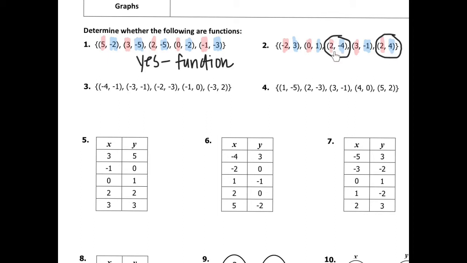Because this repeats in my coordinate pairs, I can easily see that the x value of 2 has an output of -4 and a y value output of +4. This one does not meet the qualification of having one output for each input. Because of that repeating x value, I can say, no, not a function.